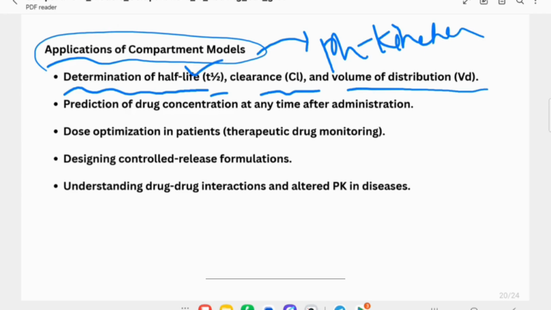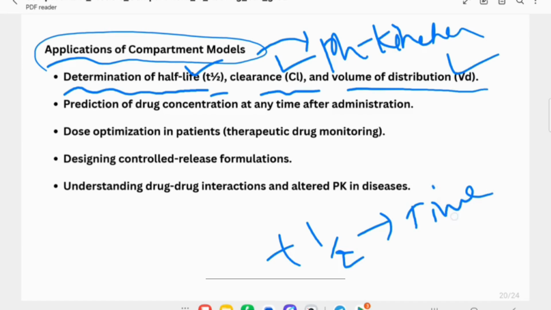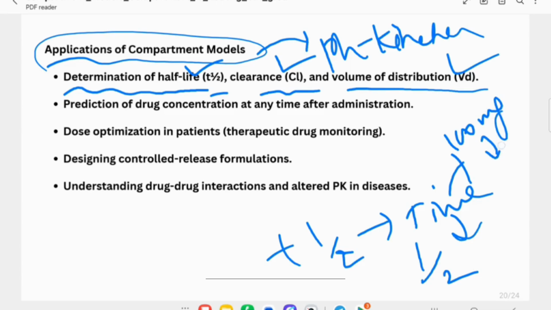Here T half means how much time is taken by the drug to reduce by half. Suppose 100 mg of the drug is given to the body, how much time will it take to reduce by 50 mg, or to eliminate 50 mg from the body?